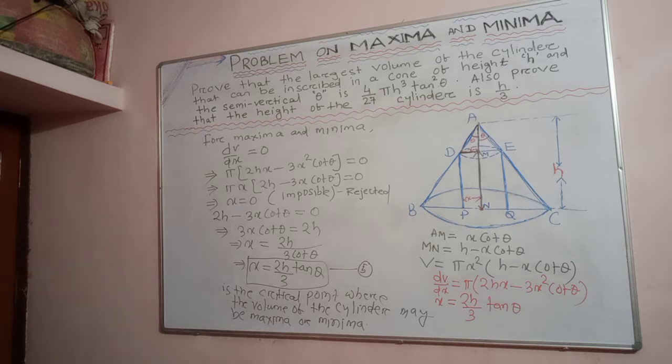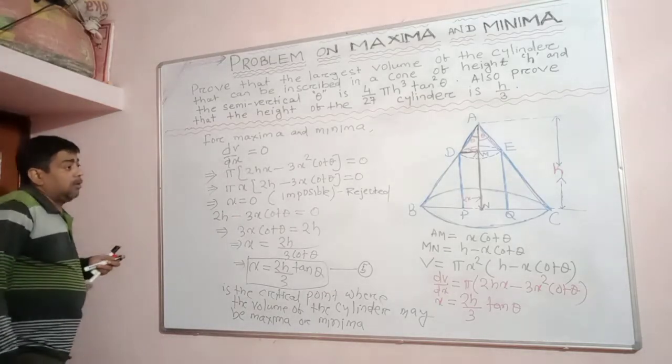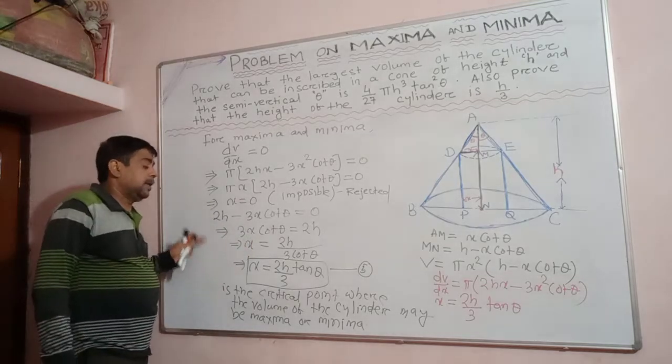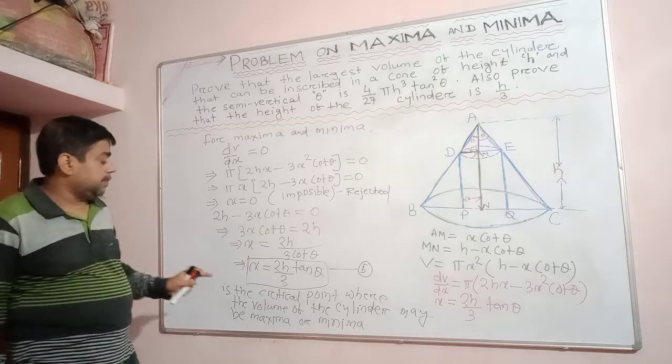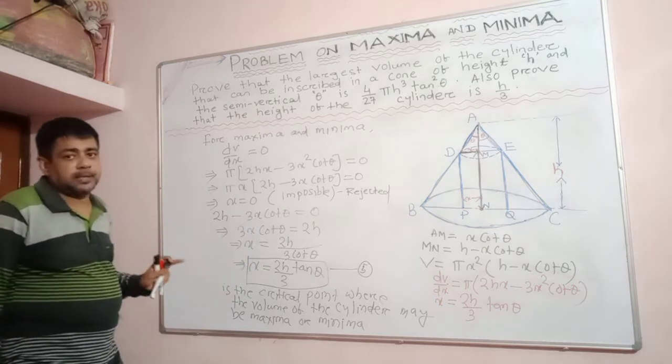Understood? Okay, let's see. To check whether the volume of the function is maximum or minimum, we have to find the second order derivative. After finding the second order derivative, you have to put the value of x, the critical point, in the second order derivative.